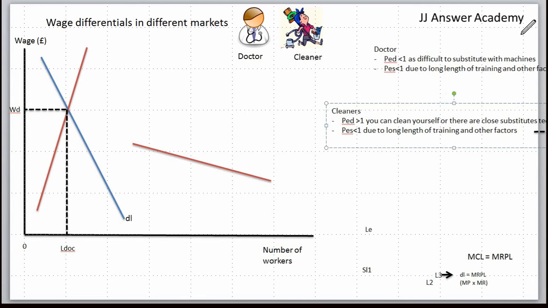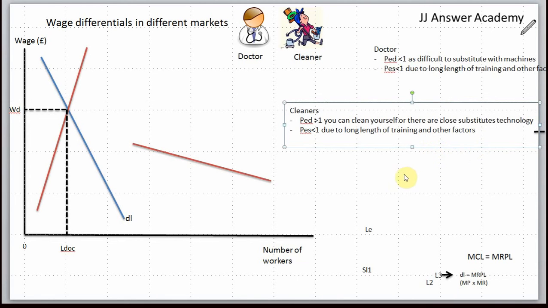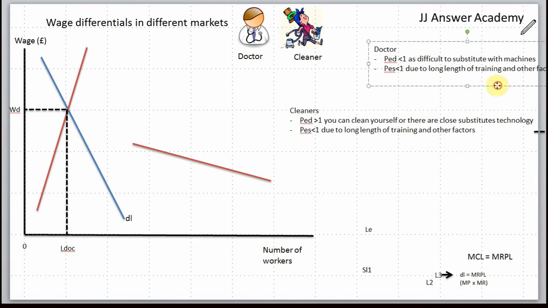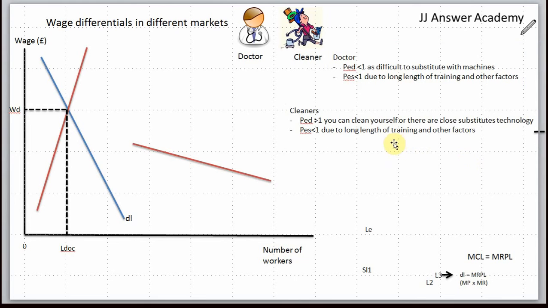Technology. Need to pull the top box in because they can't see it. Yep, there we go. And I should be labeling this as well. That's SL1 and SL2.